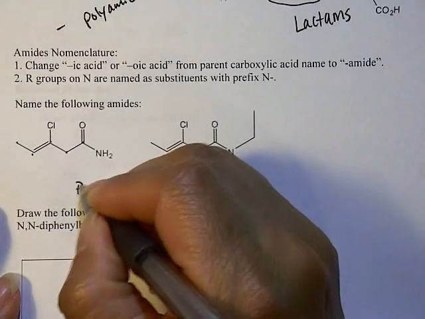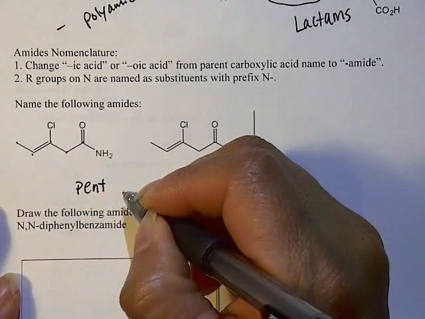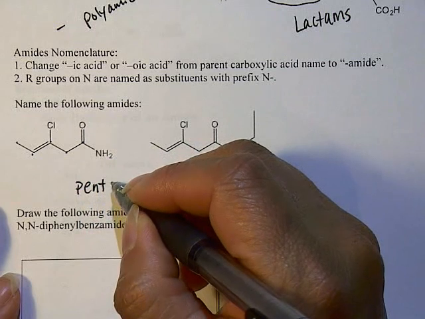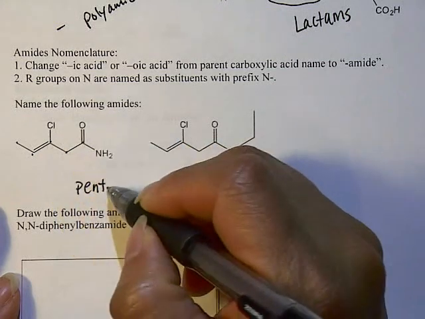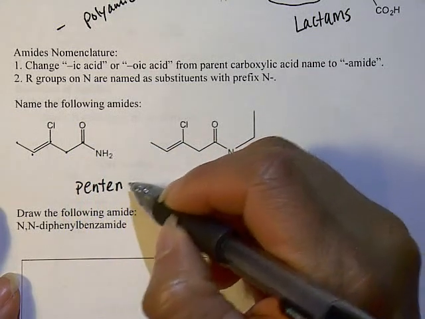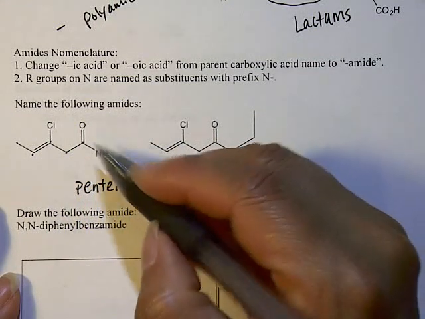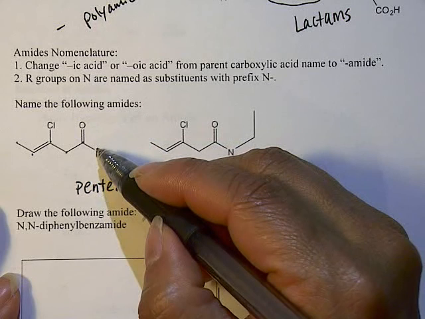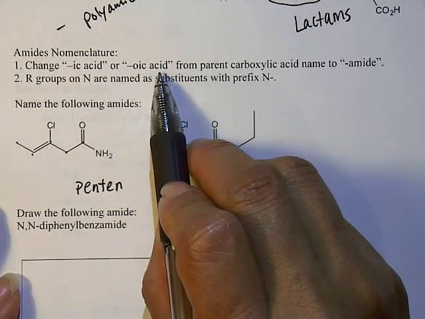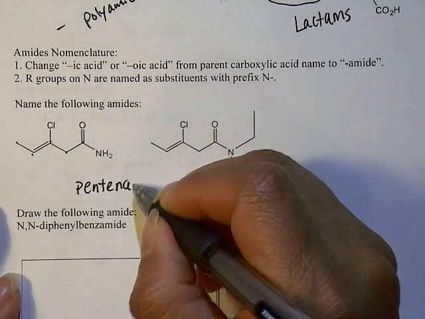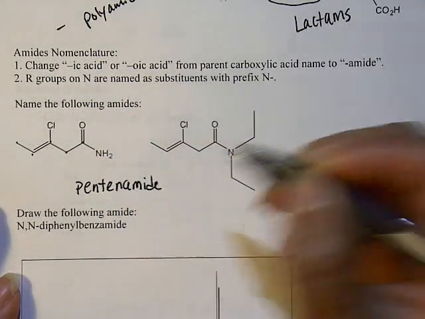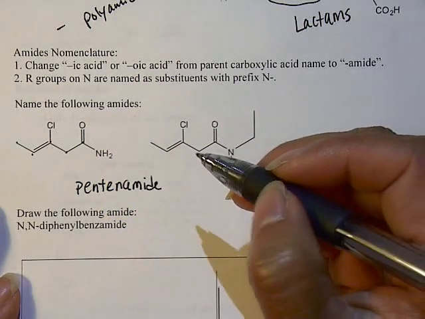So some kind of pentanoic acid if there was no double bond here, but there is a double bond here, so it would be pentenoic acid. But because this is not an OH but an NH2, you drop the -oic acid and add the amide. So pentenamide would be the parent name.